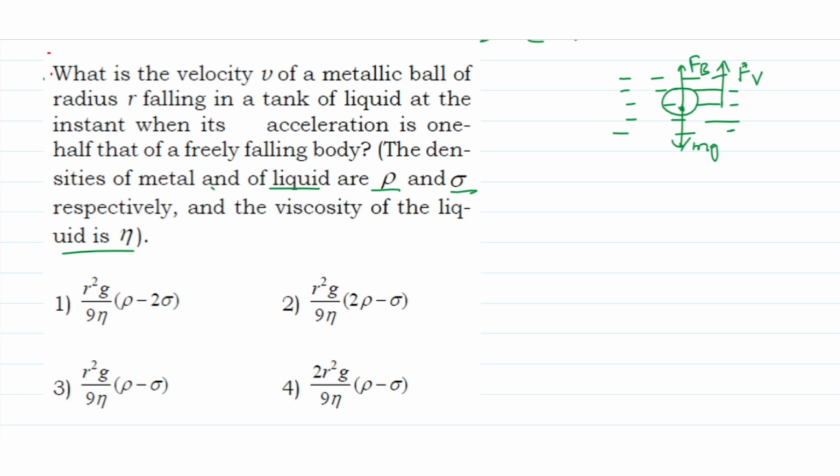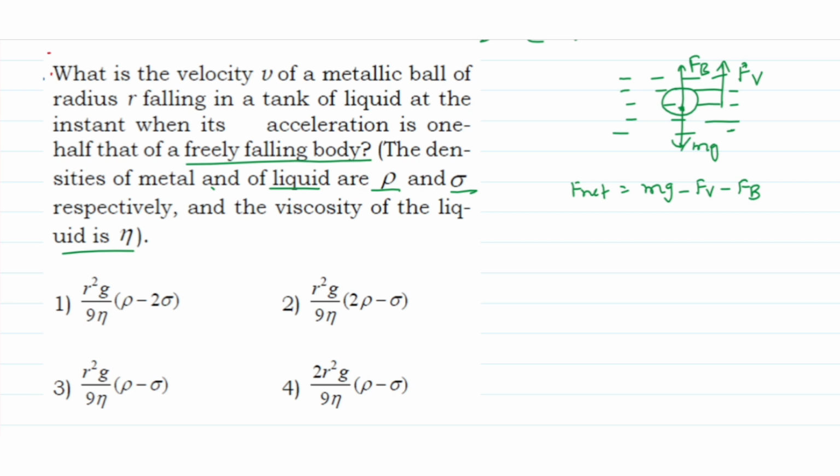Then the net force F net will be equal to mg in the downward direction minus the upward forces, at the instant when the acceleration is 1/2 of the freely falling body. So F net is mg minus Fb minus Fd.